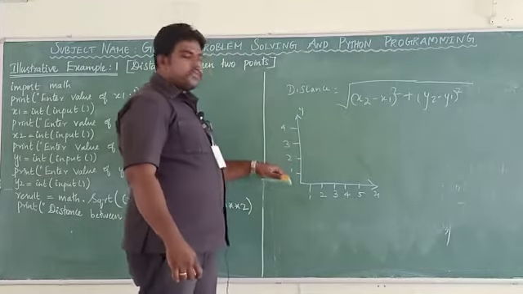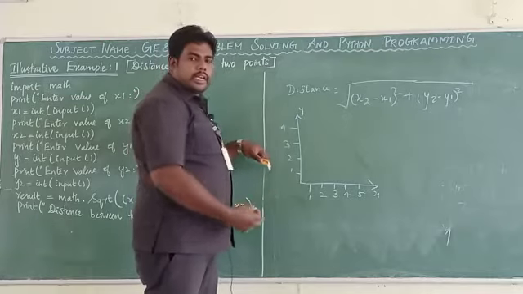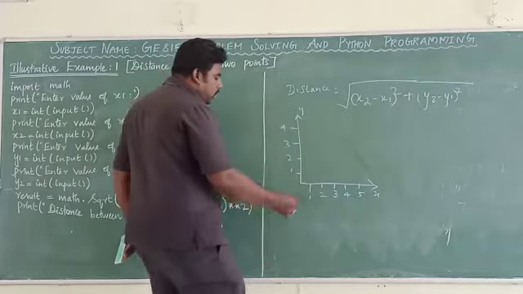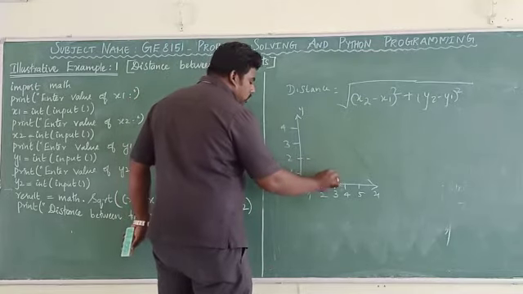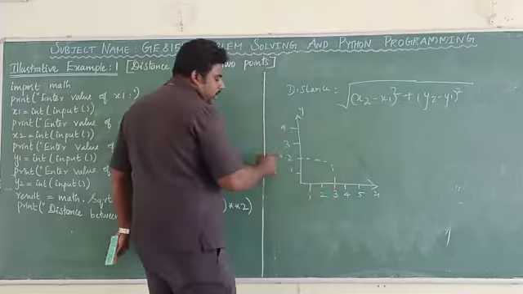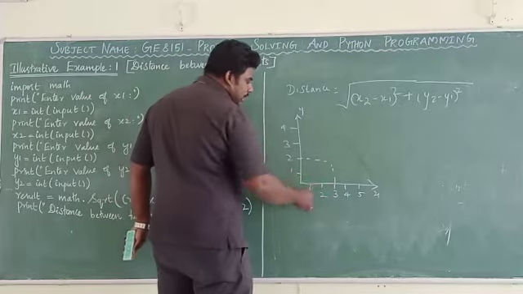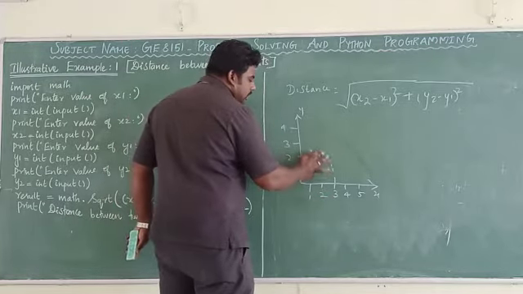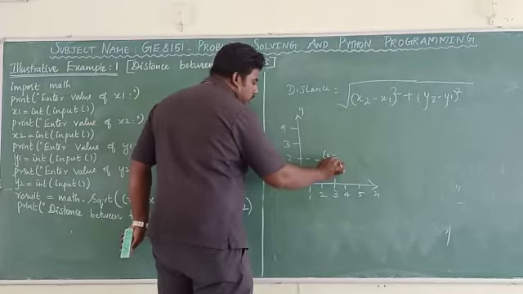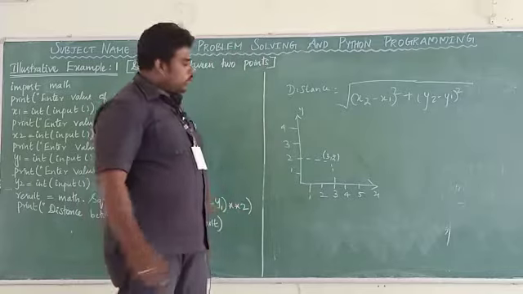The point is nothing but the intersection of x-axis value and y-axis value. For example, 2, 3. What's the point here? On the x-axis it is 3, on the y-axis it is 2. So it is 3, 2.